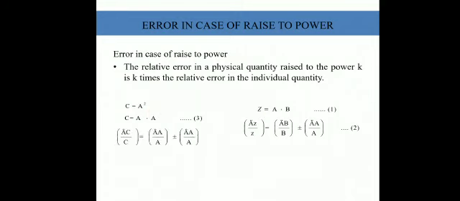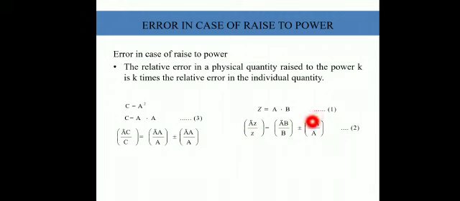So the relative error in C, delta C by C, is equal to the error in the first property, delta A by A, plus the error in the second property. That is what we should know. Very sorry for the symbols which are missing here. This is delta, this is delta, that is also delta.